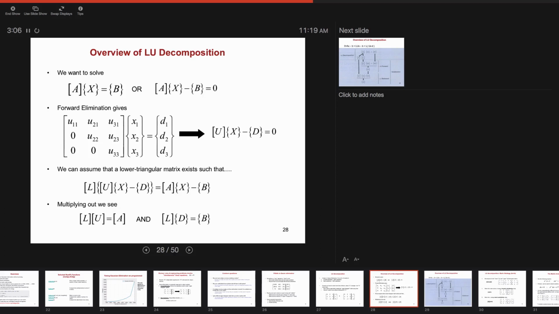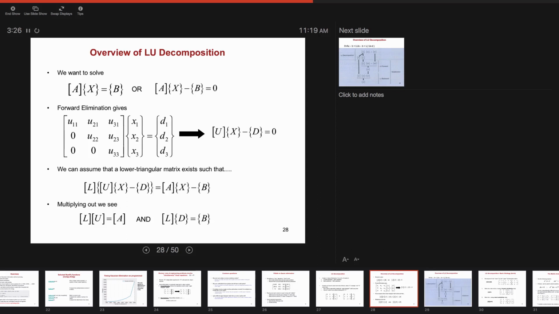As I'm manipulating my rows, I just have to remember some of those coefficients and put them into L. Great. So my A is equal to LU.